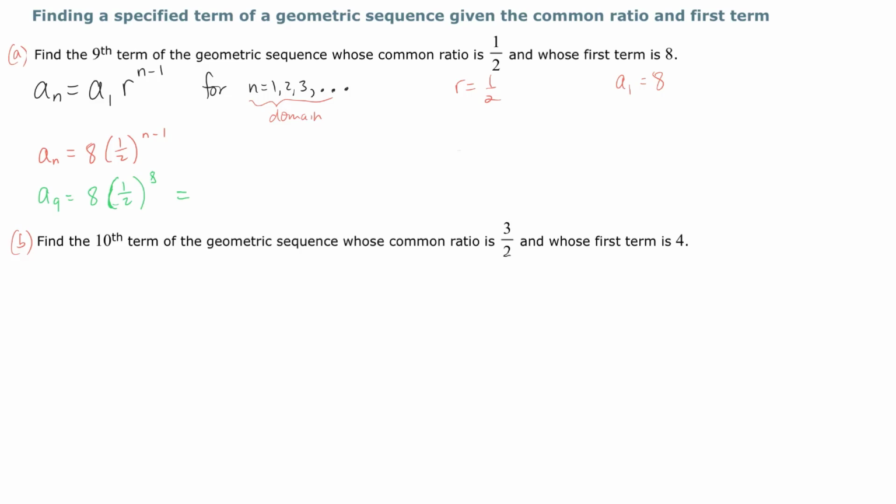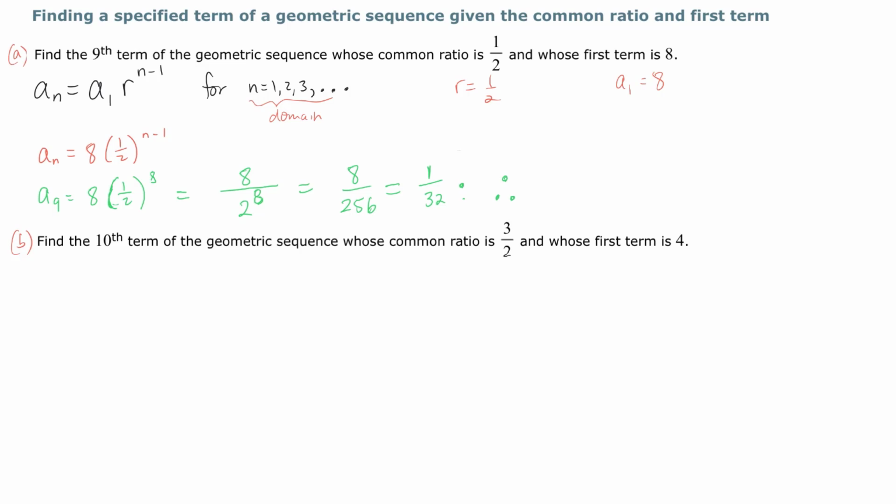An exact answer would be 8 over 2 to the 8th power. 2 to the 8th power is pretty big. 8 over 256, which reduces to 1 over 32. I'm going to put a period here.